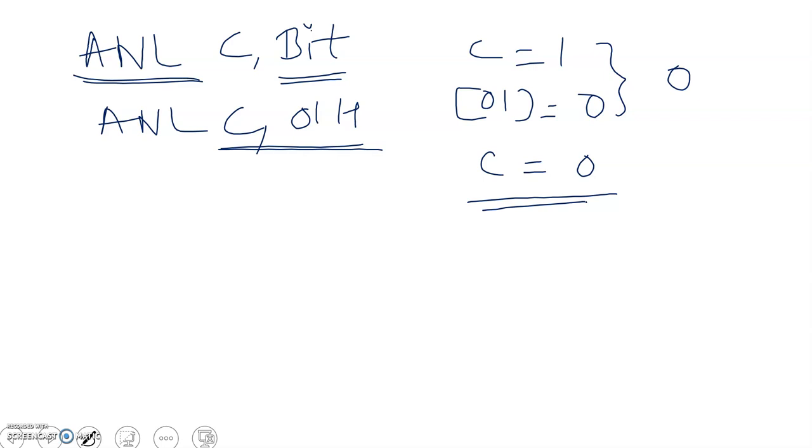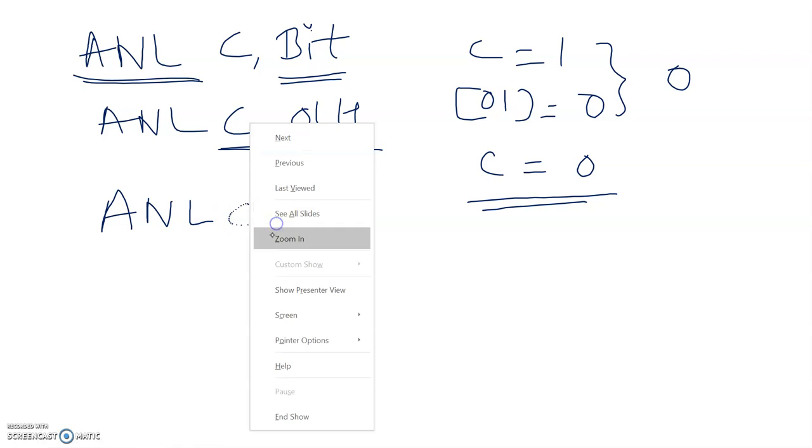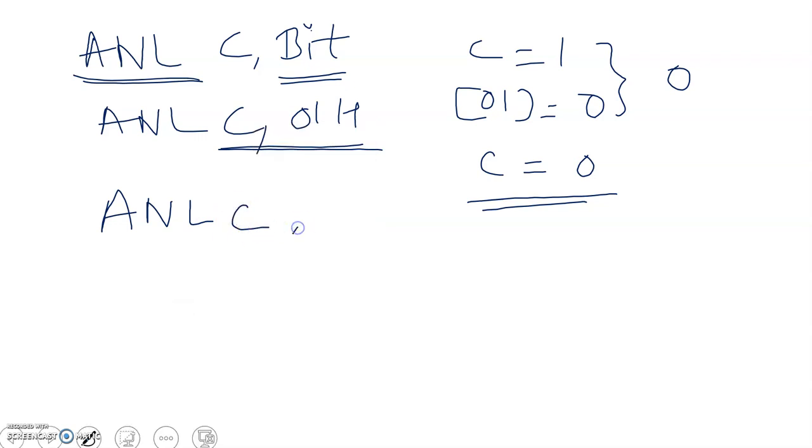Similarly, there is another instruction, ANL C, /bit. What it means is ANDing C with the NOT of the bit.